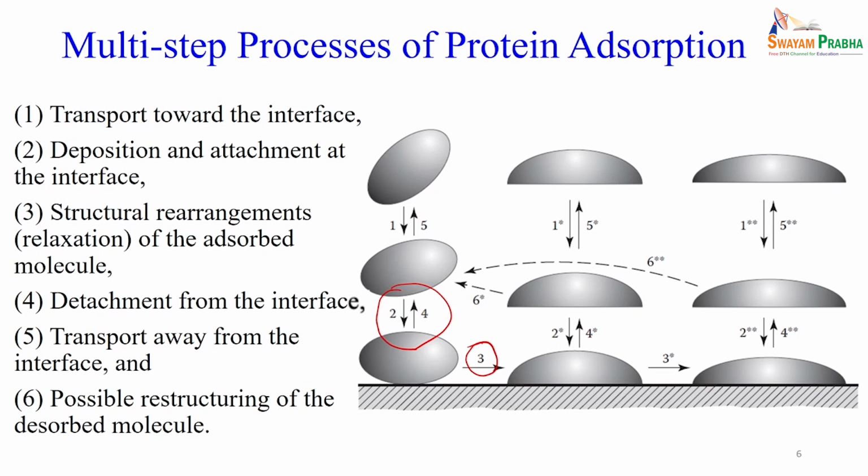Then there can be more relaxation depending on the affinity or the surface-protein interaction with time. And then these adapted or rearranged protein molecules can also detach from the interface, and after detaching they can go back into the bulk or come back to the main adsorption process. So, these are the multi-step processes involved during the adsorption of a protein.